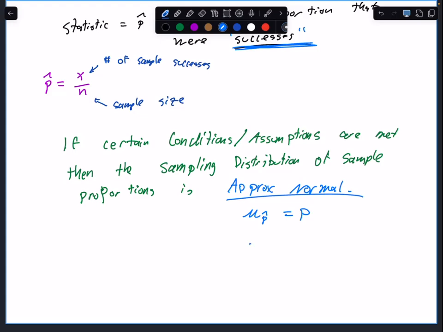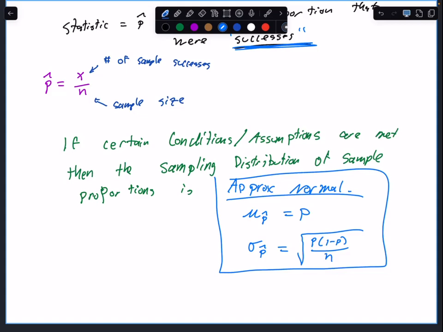And the standard deviation of the sampling distribution is the square root, and it's a big square root, of p times 1 minus p, over n, where this is all inside of here. So this is very important. This is the mean and standard deviation of that distribution.